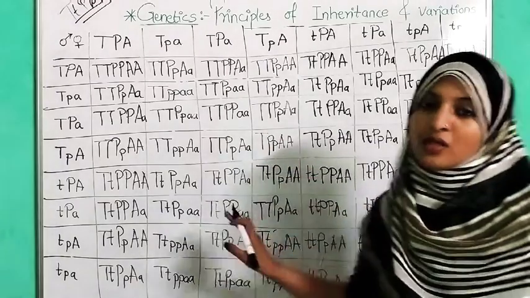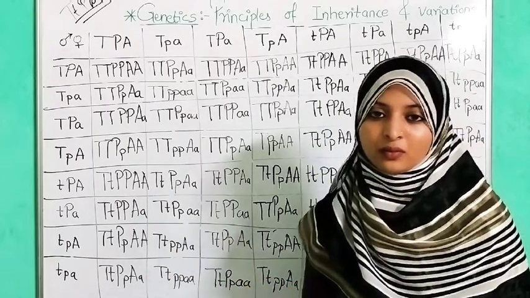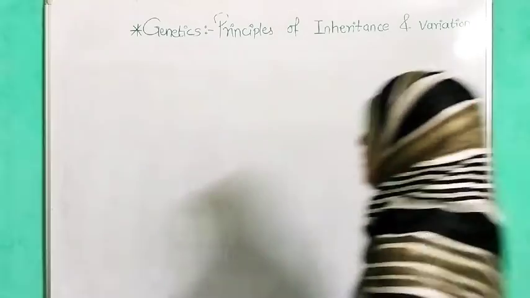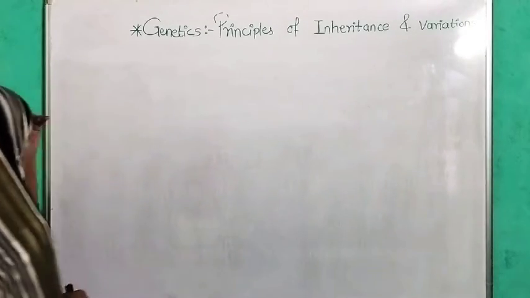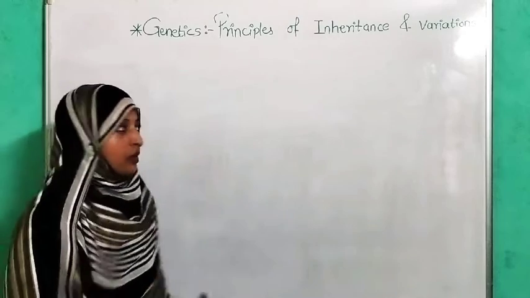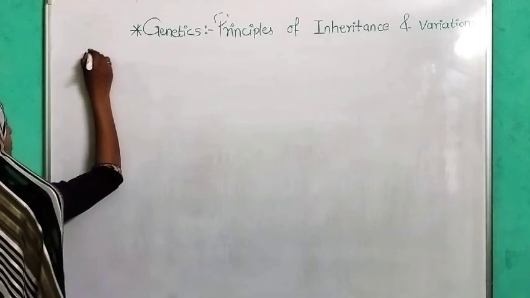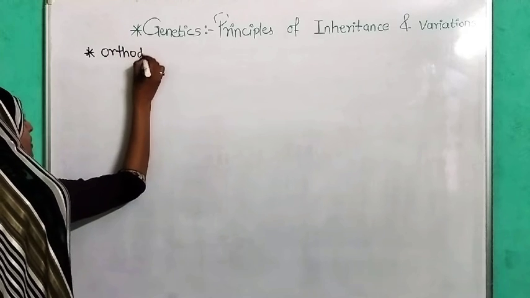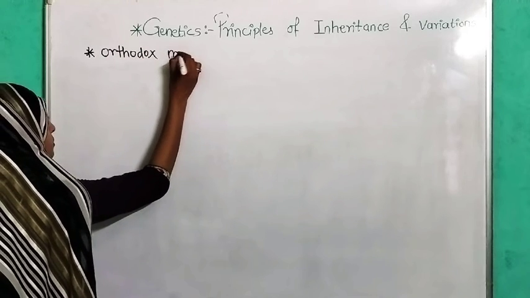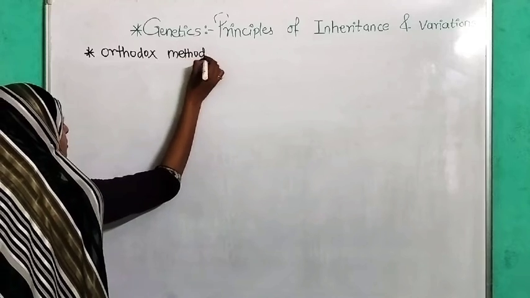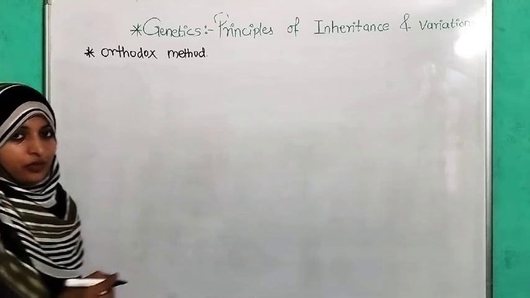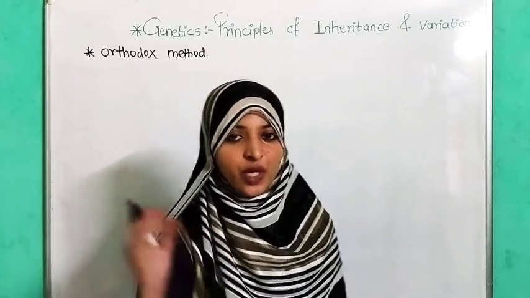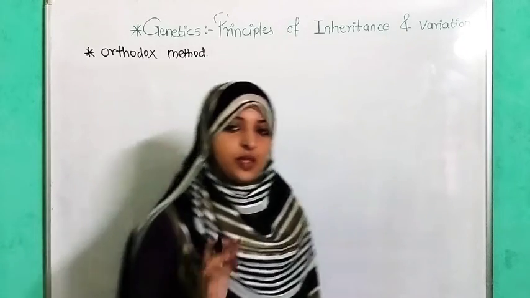Now we are going to discuss the orthodox method. To find the phenotypic ratio and genotypic ratio, we have to know the orthodox method.